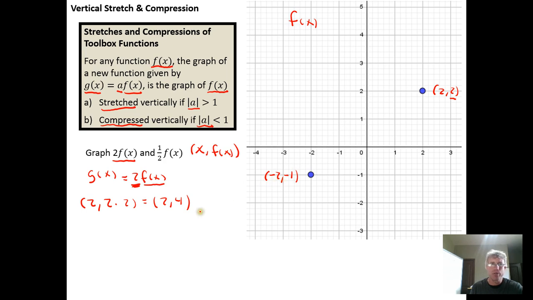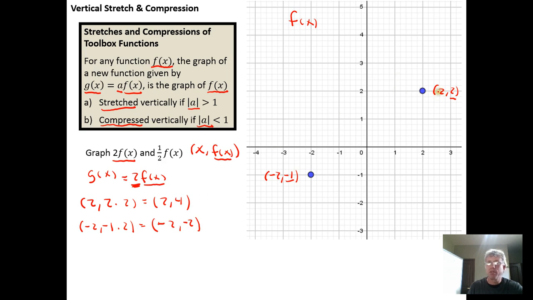And this other ordered pair, -2, -1, this output -1, which corresponds to f of -2, is going to be multiplied by 2, which is going to generate the point -2, -2.